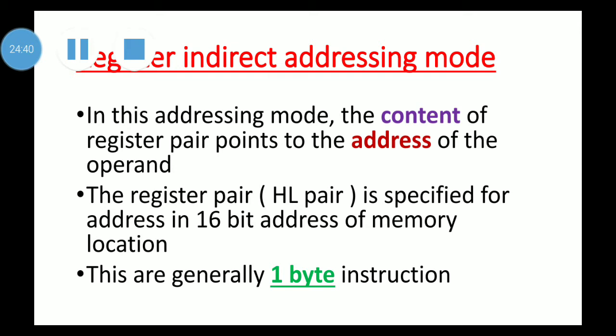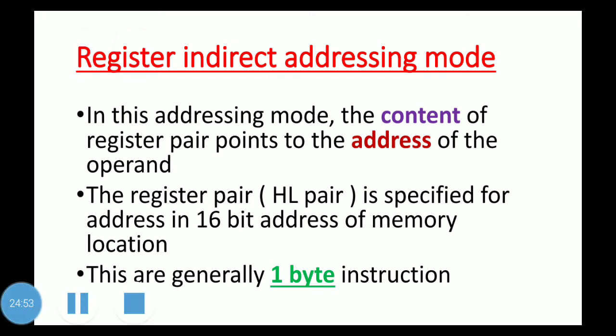These are generally 1 byte instructions. In this addressing mode, if we want to point a memory location, we need a pair, that is HL pair. HL pair is the only pair that will be needed to point to a 16-bit address of memory location.